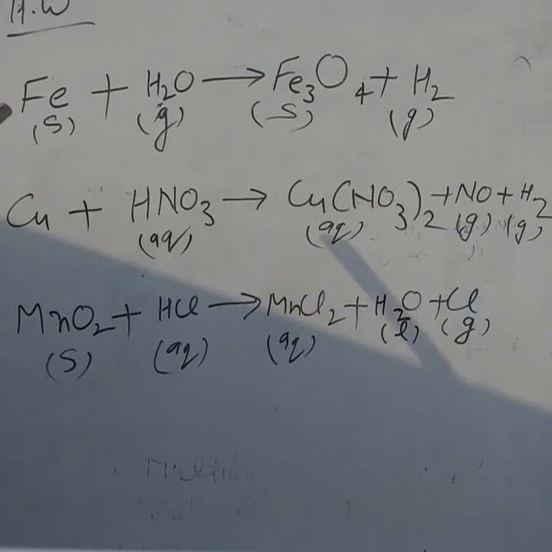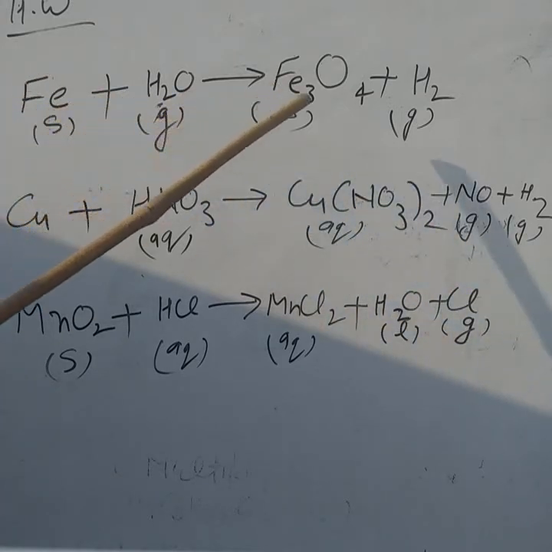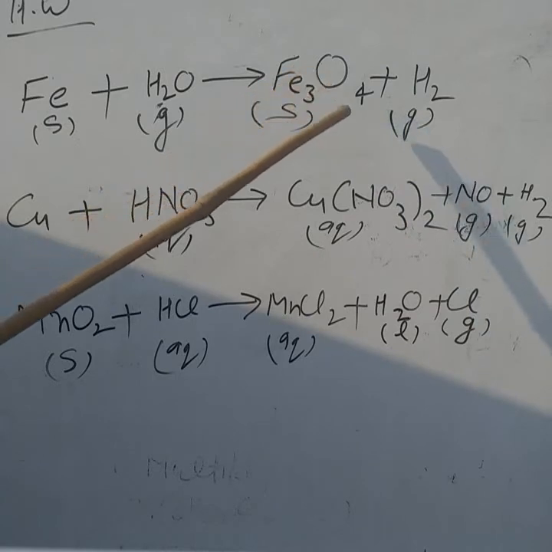Here we write some examples of unbalanced chemical equations in skeletal form. Today's homework is to balance these reactions yourself and write them in balanced form. First, iron reacts with water to give Fe3O4 and hydrogen.